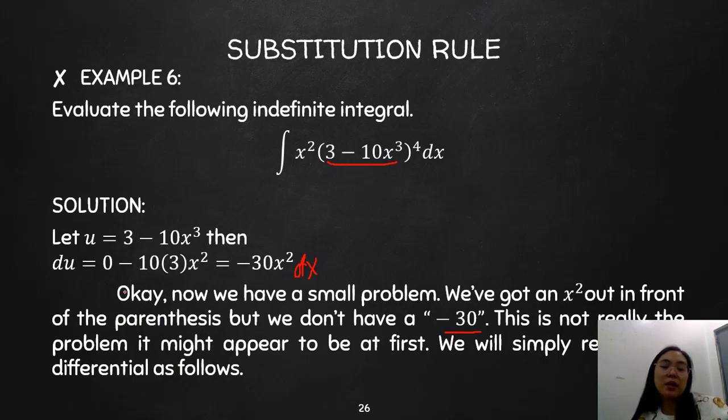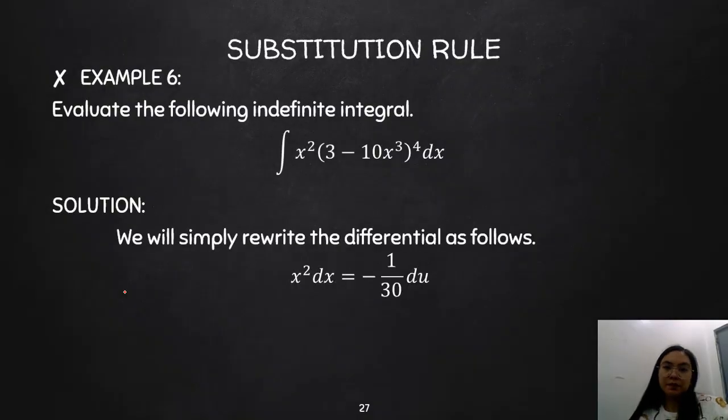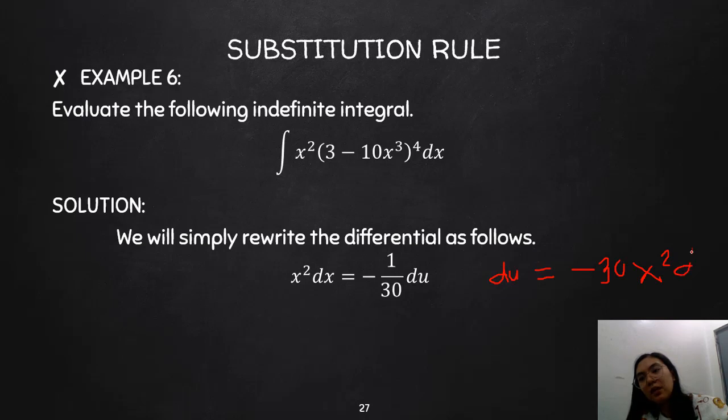So, this seems to be a problem at first, but we will simply rewrite the differential as follows. So, mag-introduce ka lang ng negative 1 all over 30 of the du para makonform siya na pag kinuha mo si du, du will simply be equal to negative 30x squared dx.